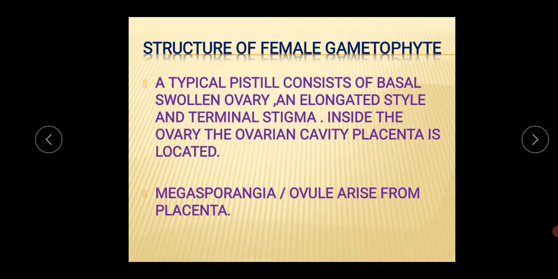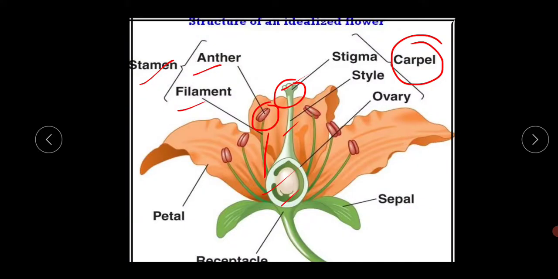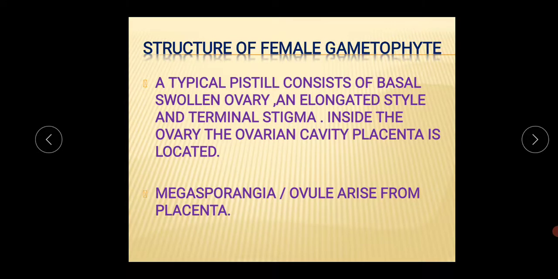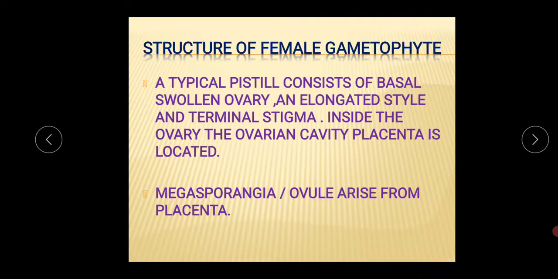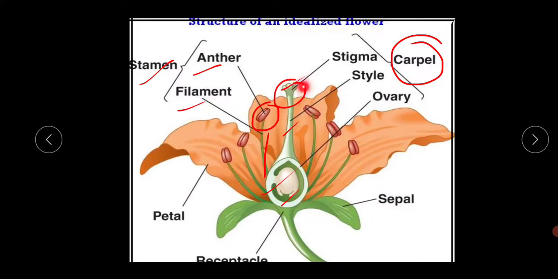This is the basal swollen ovary portion, this is the elongated style, this long slender structure, and this is the terminal stigma. So it has a total of three parts: the stigma, style and ovary.